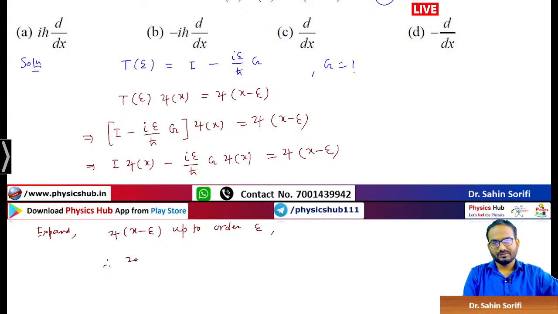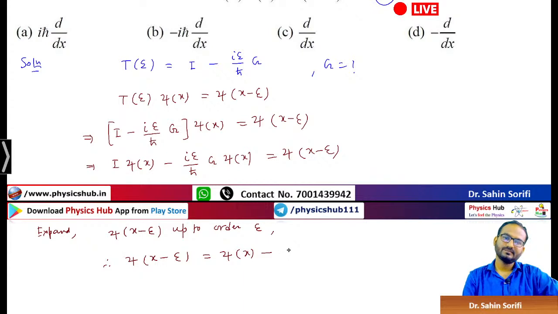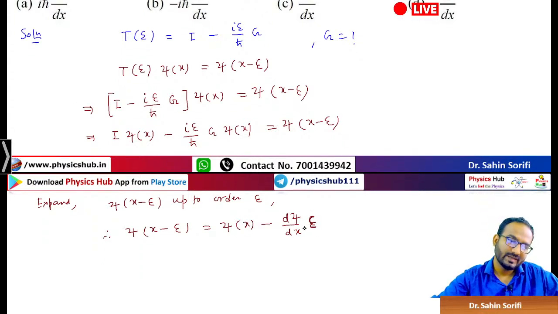So psi of x minus epsilon will become psi of x minus d psi by dx times epsilon. It is like the Taylor series, expanding in Taylor series.